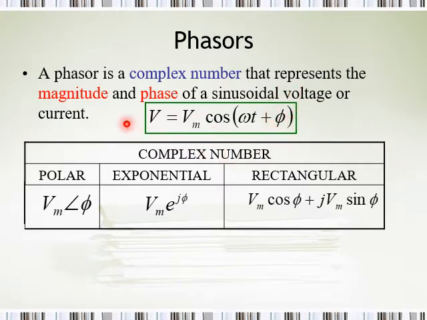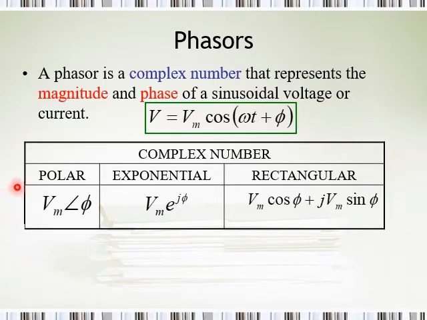Okay, so we concentrate on this cosine equation. V equal to Vm cos omega t plus phi. Phi is the phase angle.